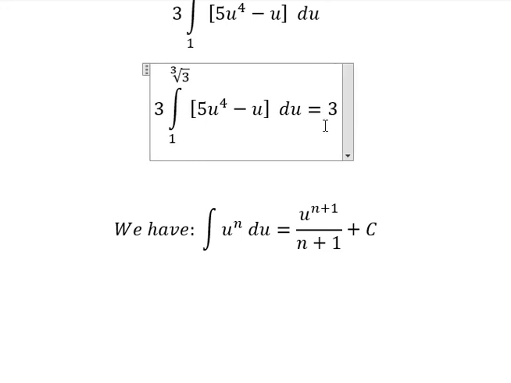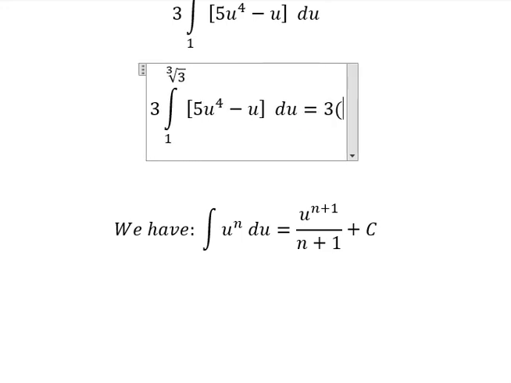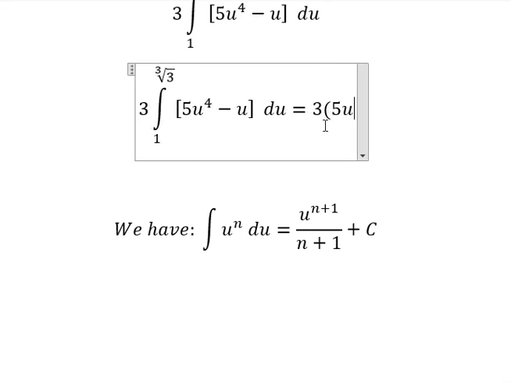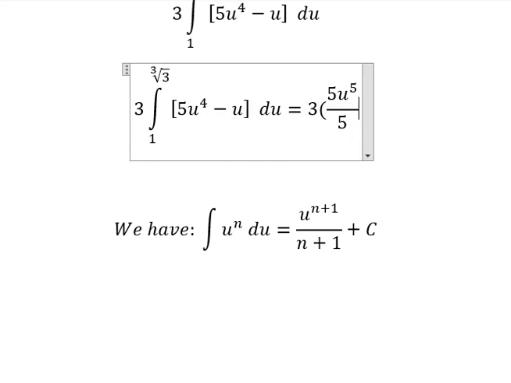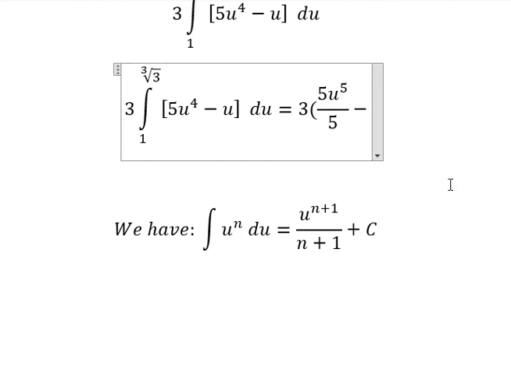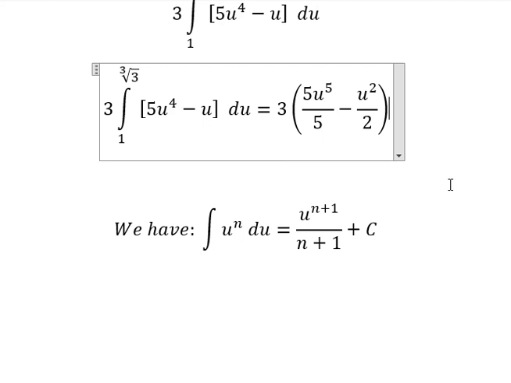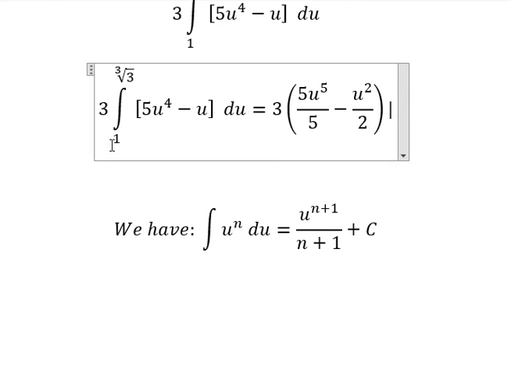So we have u to the power of 5 over 5. For u, we have u squared over 2. And then I will put the bounds from 1 to the cube root of 3.